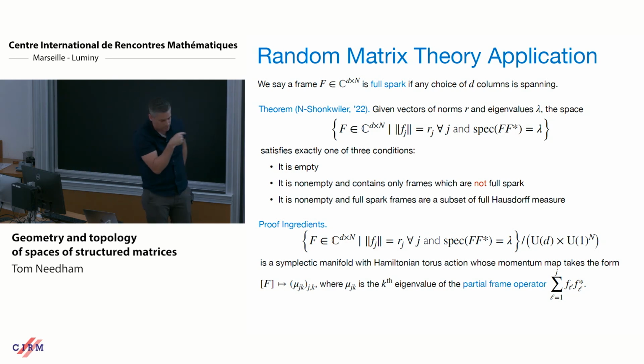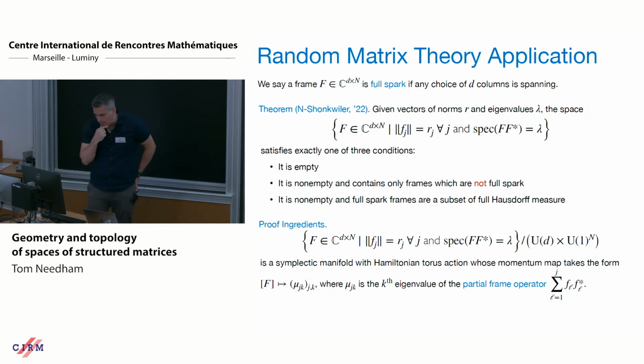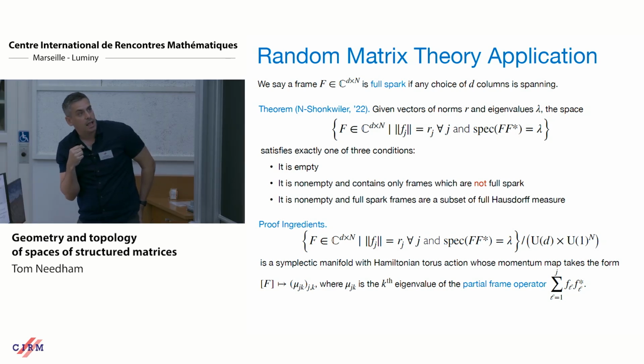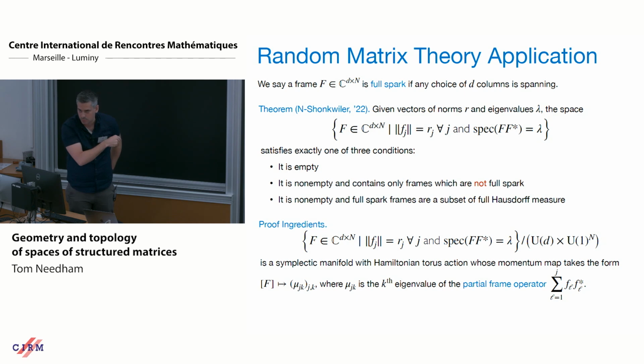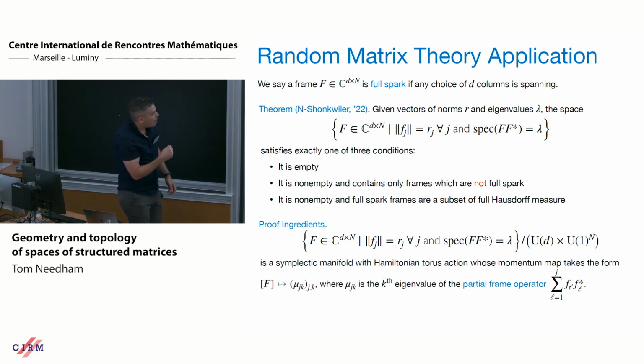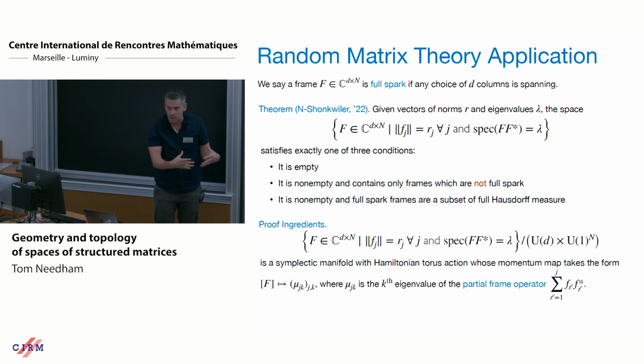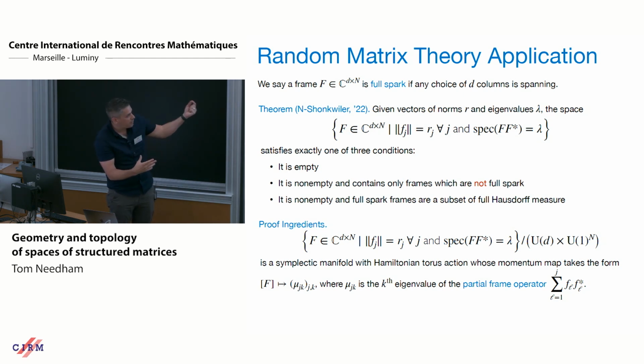But it's a thing that we can work with. And this has a Hamiltonian torus action. I won't tell you what the torus action is because it's not as simple as the ones that we've seen so far, but I'll tell you what the momentum map is. The thing that's conserved by this torus action are the eigenvalues of these partial frame operators.